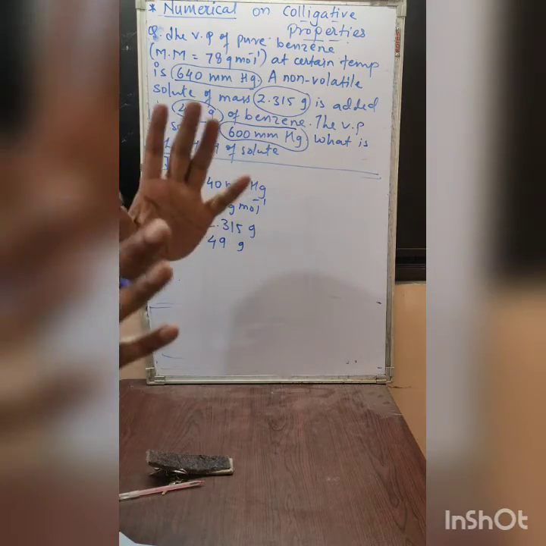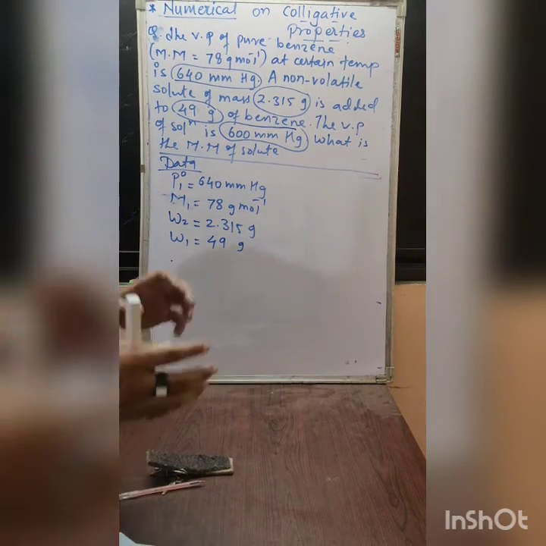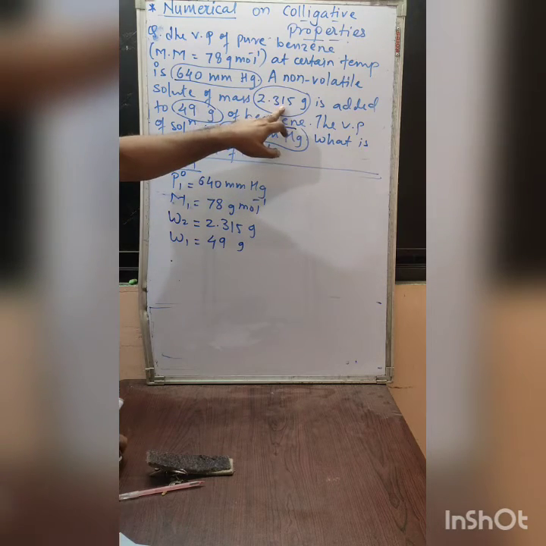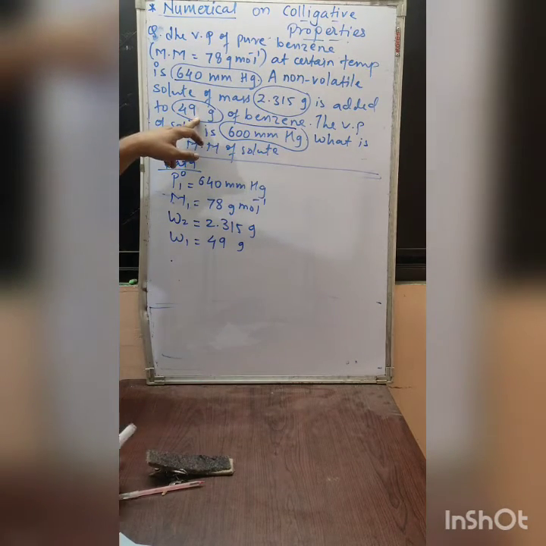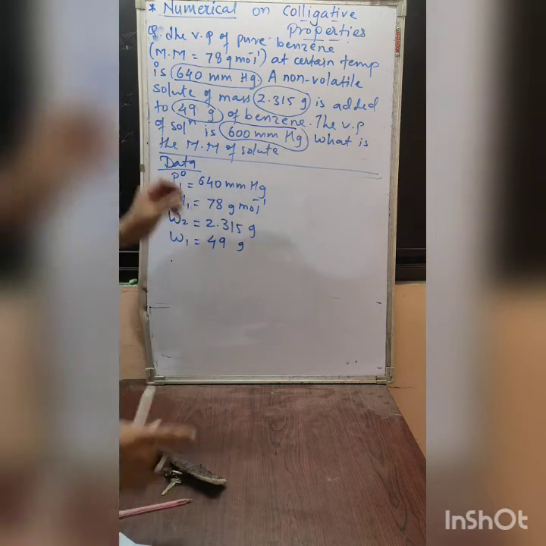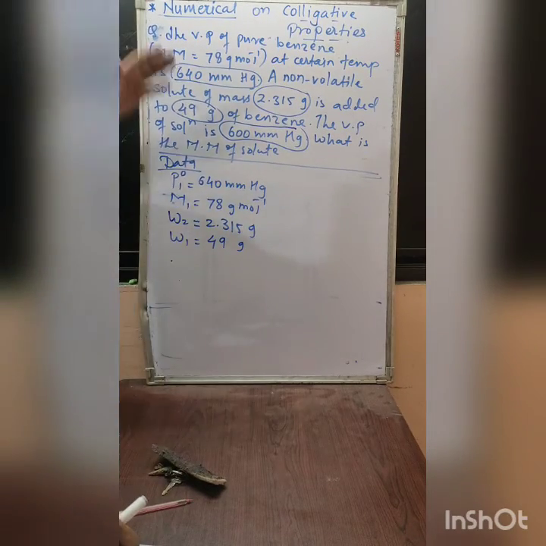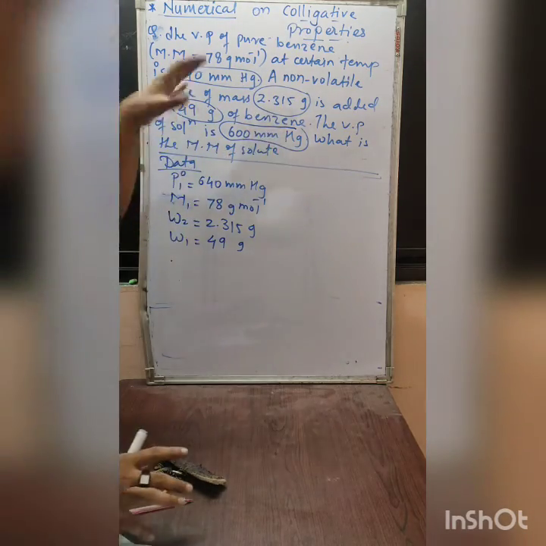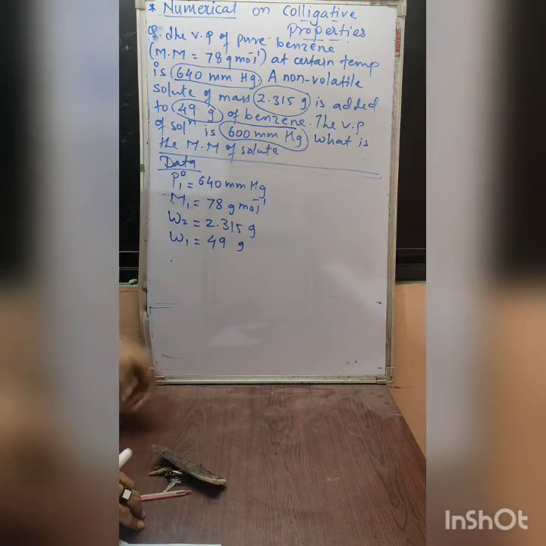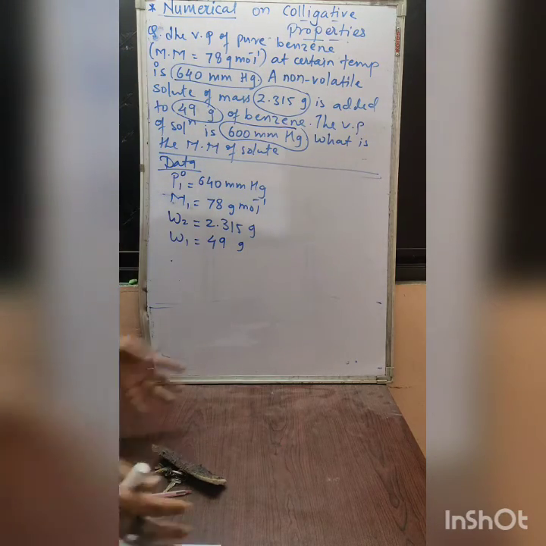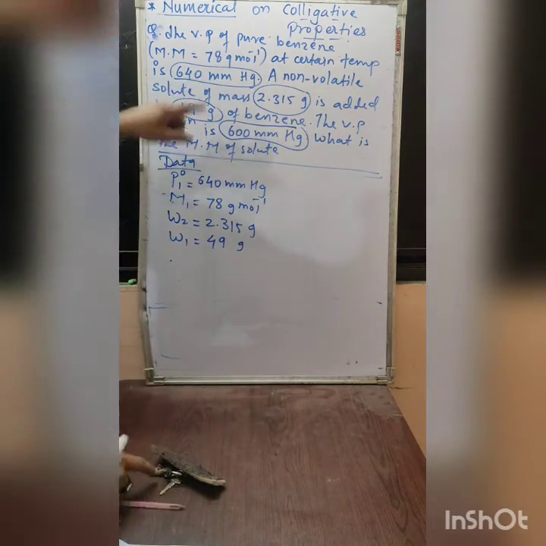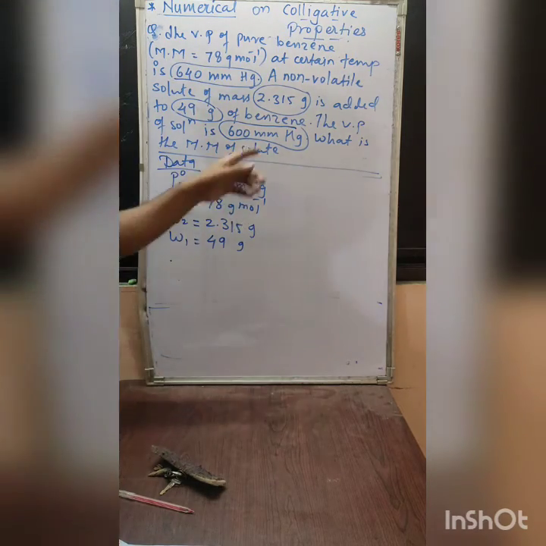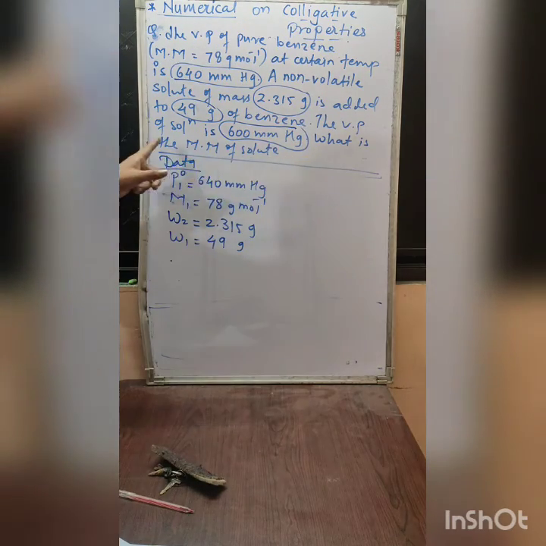One more thing, as I explained in the theory part: whenever we form a solution, we always take a smaller quantity of the solute and a larger quantity of the solvent. If you find difficulty while writing the data, compare them. Of the two masses given, the lowest will be W2 and the greater will be W1. If two pressures are given, the one with the larger vapor pressure is definitely for the solvent, P1⁰, and the one with the lower vapor pressure is for the solution. Okay, what is the molar mass of solid?